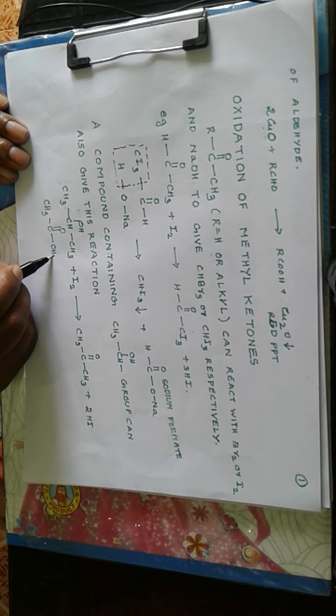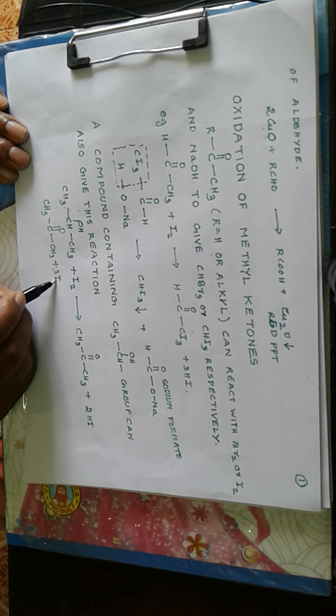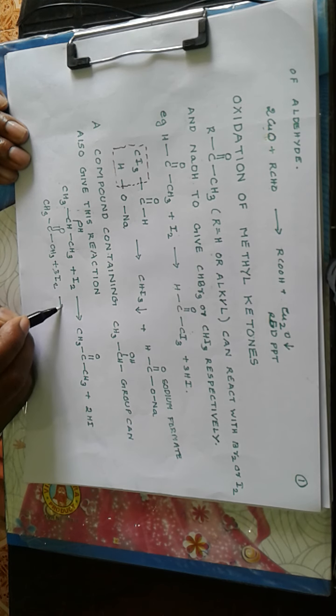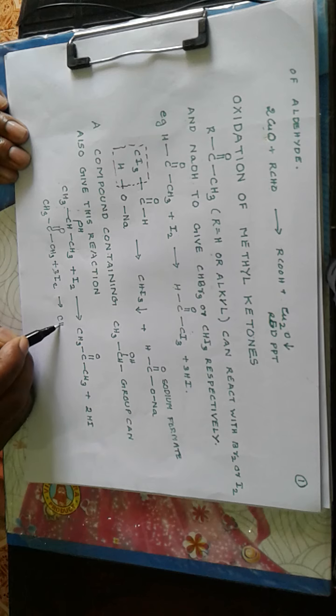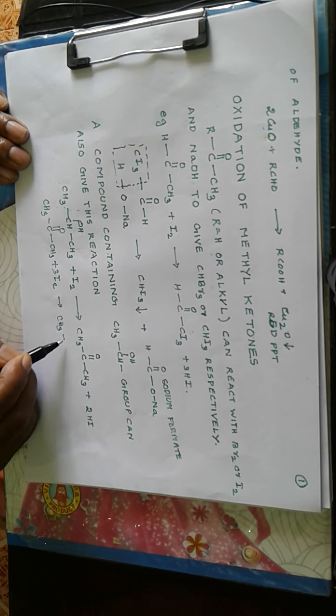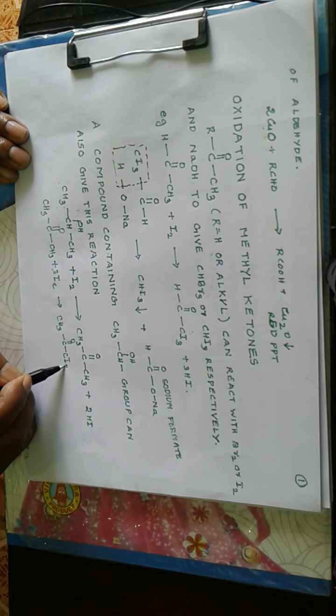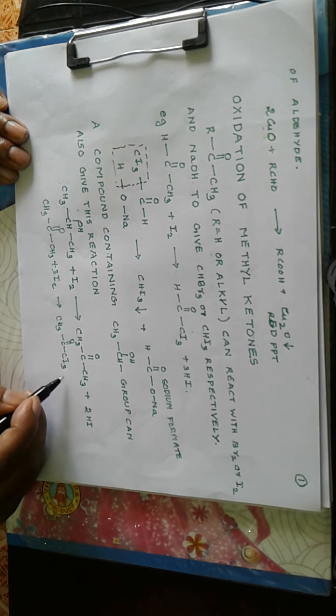CH3COCH3 reacting with 3I2, producing CH3COCI3 plus 3HI.